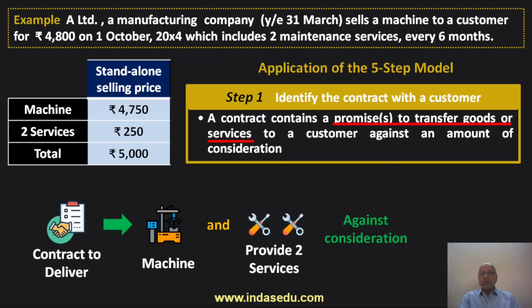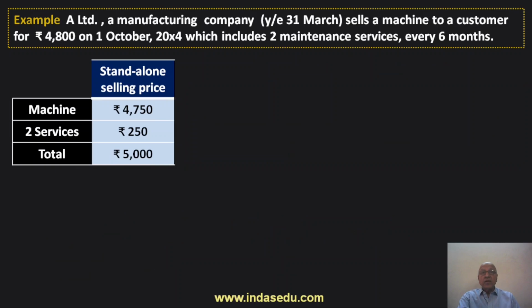Delivery of the machine and provision of two services, against consideration, that is 4,800 rupees. So there is a promise to deliver one machine plus provision of two services against consideration of 4,800 rupees.